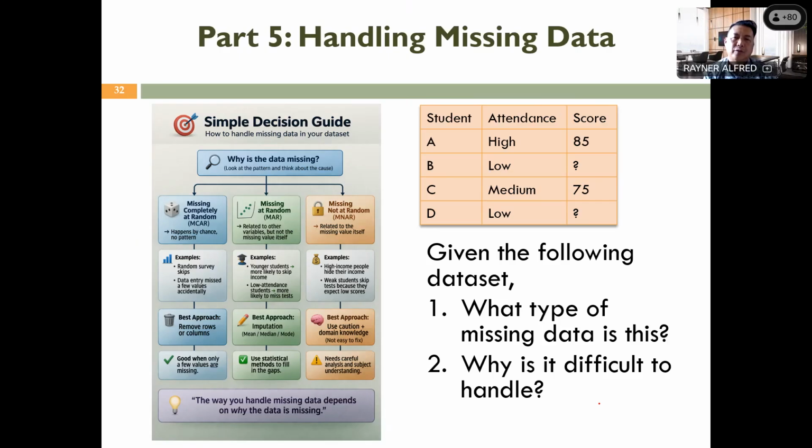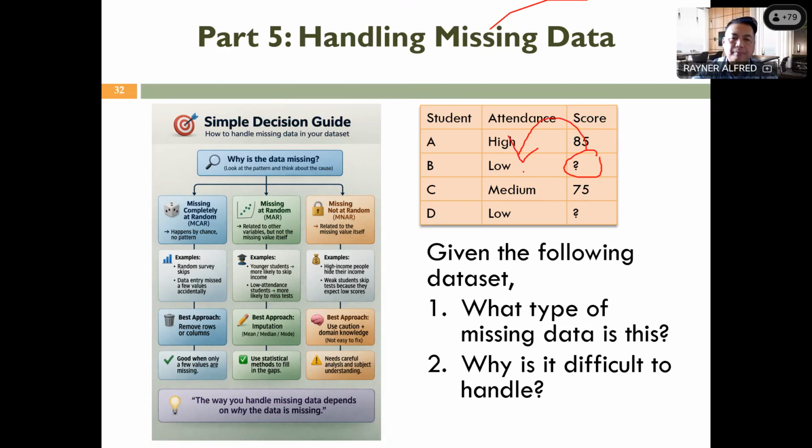So maybe the student did not turn up because of low attendance. So this is missing at random. Missing at random means that your data here has some relation to the other feature that we have.